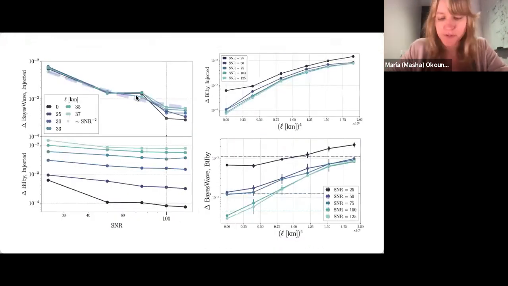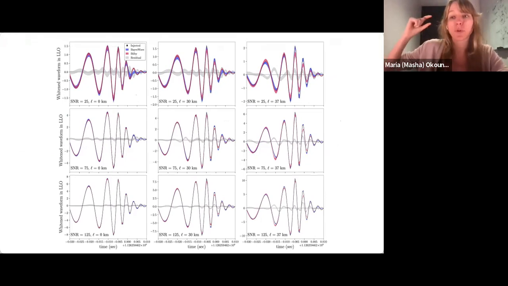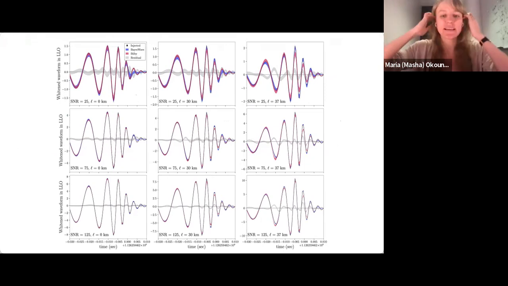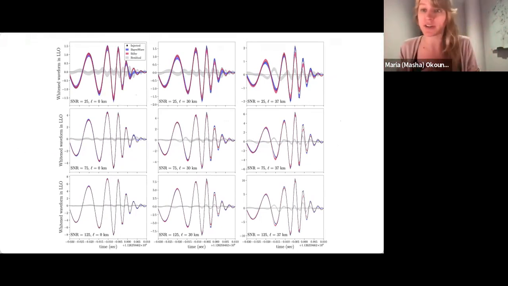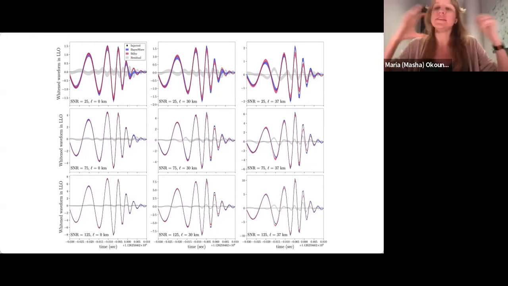And so in dashed black, we have our injected waveform. In blue is the confidence interval from our morphology independent analysis. And what we see is that this analysis is able to fully reconstruct our injected beyond GR signal. So in other words, our morphology independent analysis will be able to pull out these beyond GR signals from the data.